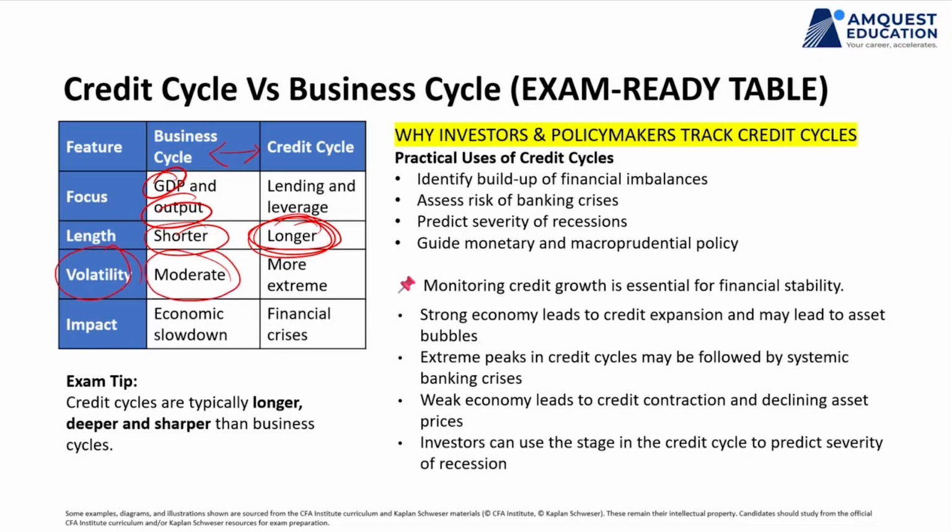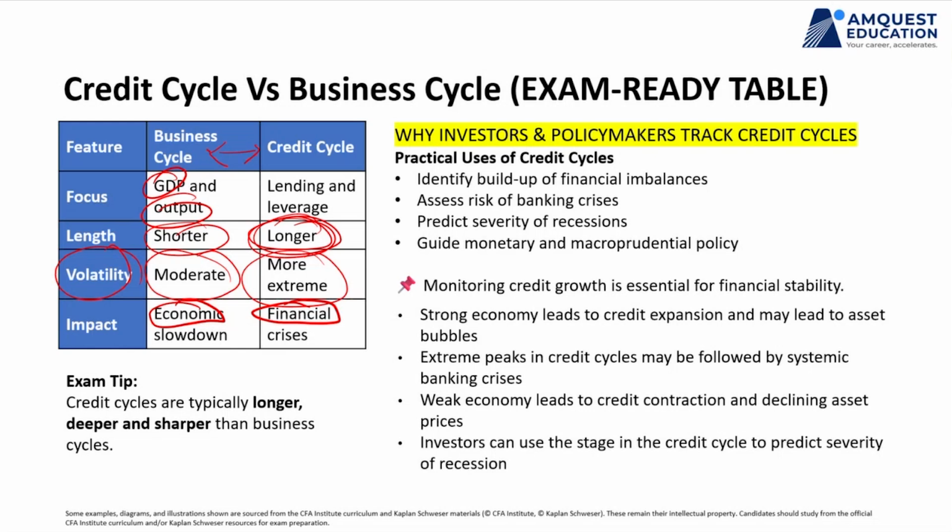Here it is more moderate compared to the credit cycle, where it's more extreme because it impacts very quickly, right? And the impact of the business cycle is economic and here it is financial. So if a business cycle which affects the economic activity is impacted, it will bring down your economic activity and lead to economic slowdown.